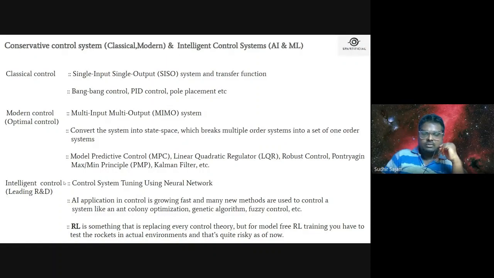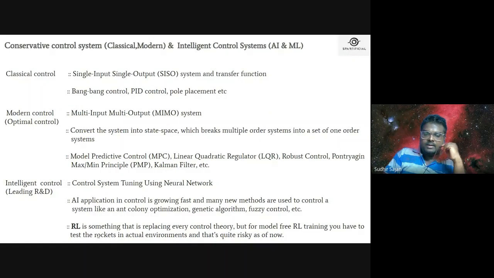There are certain aspects, such as control system tuning using neural networks. Do you know about neural networks? A deep neural network is part of machine learning. So we are going to use machine learning in the control system to tune it, something like tuning the PID controller or the model predictive controller using a neural network. So AI comes in here.